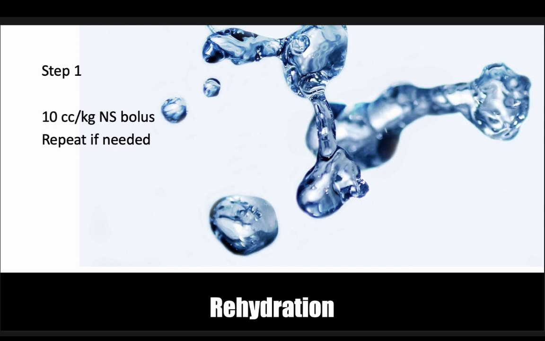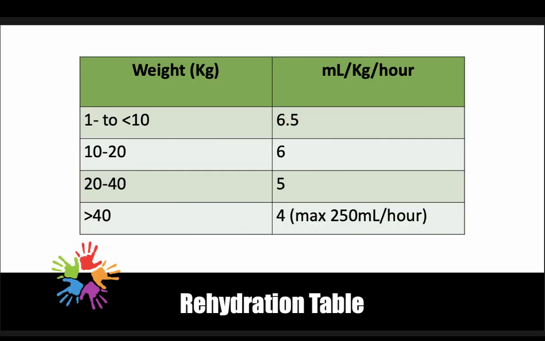And once the boluses are done, you need to think about writing a maintenance order. And so this is a rehydration table, and it's based on weight. And so for a child her age, because she is greater than 40 kilos, you would administer 4 mL per kilo per hour of normal saline, maxing out at 250. And your initial choice of IV fluid is going to be normal saline for at least that first 6 hours using that table.